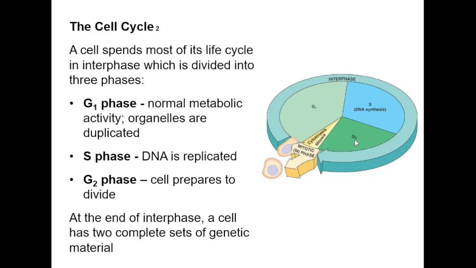And then G2 is the cell preparation to divide. So at the end of interphase, a cell already has two complete sets of genetic material and two complete sets of organelles. Okay?